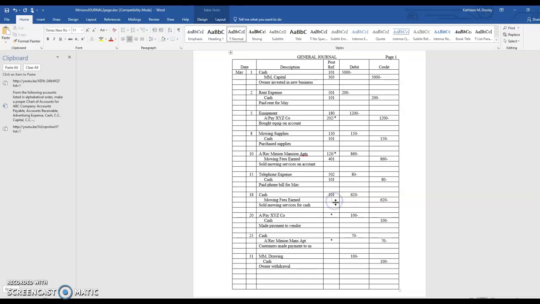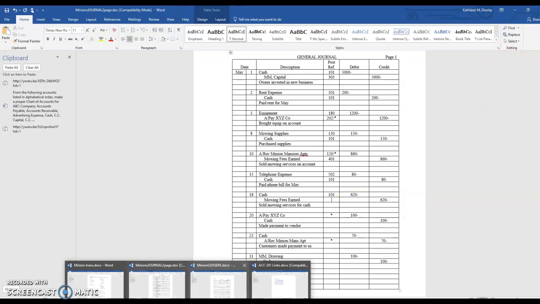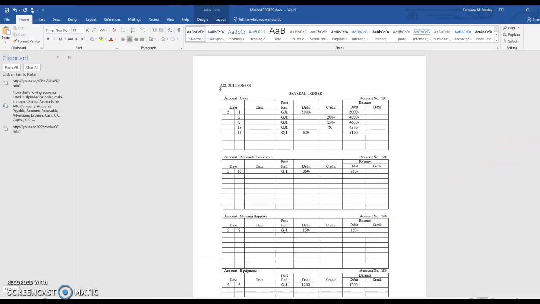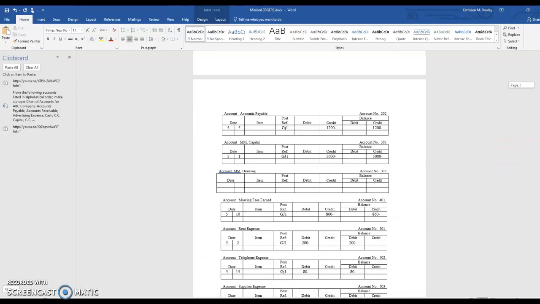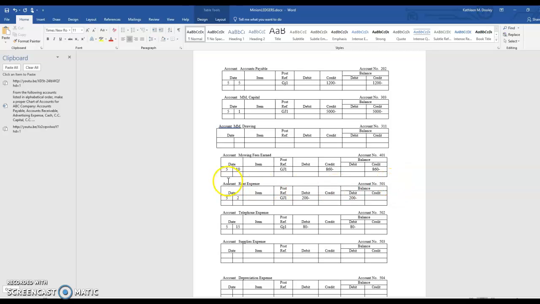Okay, then we have a credit to mowing fees earned on the 18th of $620. Okay, now my previous balance was a credit, and this is a credit. Credit and credit is add.